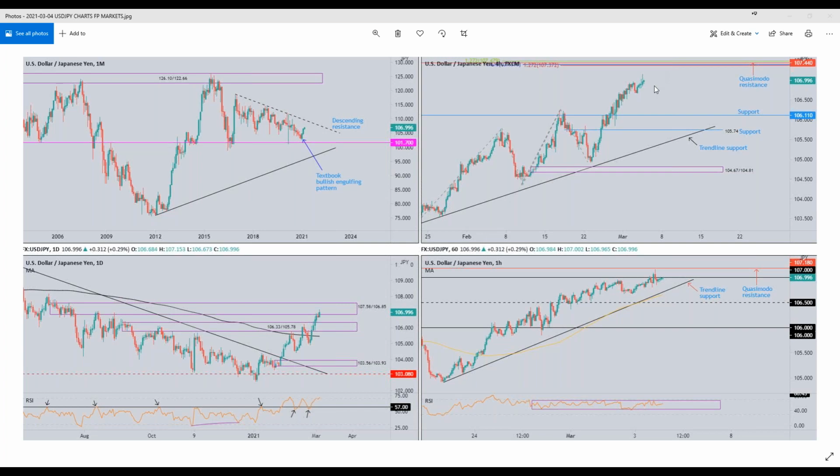With this in mind, this analysis signals H1 is likely to overthrow the 107 figure, and potentially even the Quasimodo resistance from 107.18, potentially triggering a short-term bullish theme to at least the 107.50-ish range.